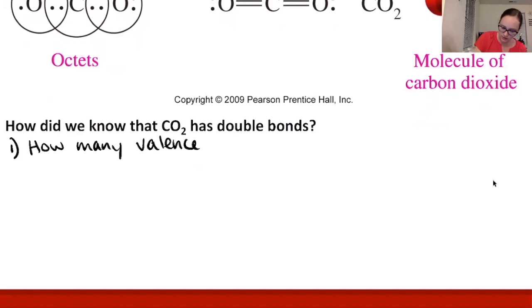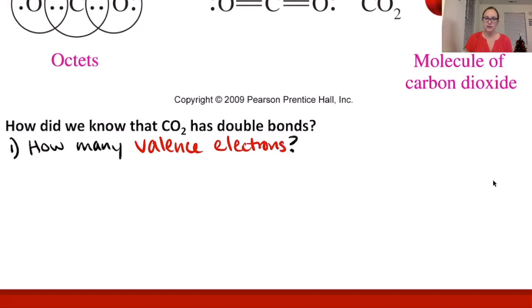How many valence electrons? Okay, so to find this, we're going to take the number of valence electrons for each of the atoms, unbonded to anything else, and add that together.